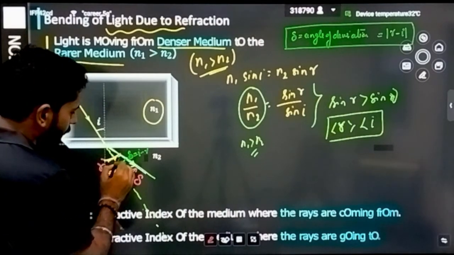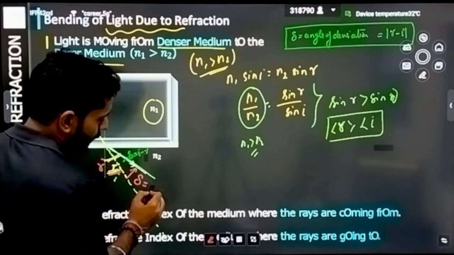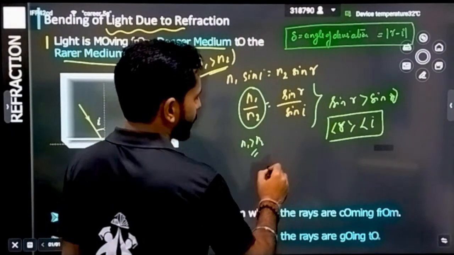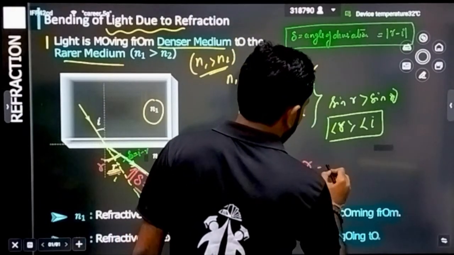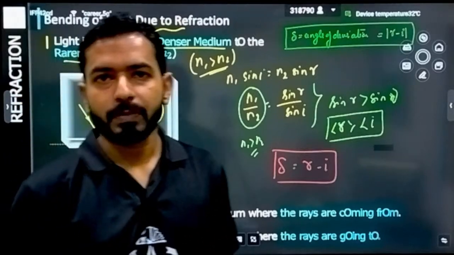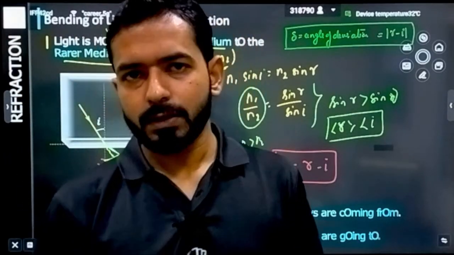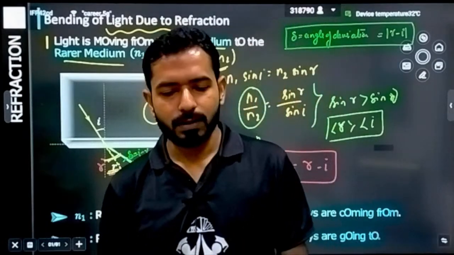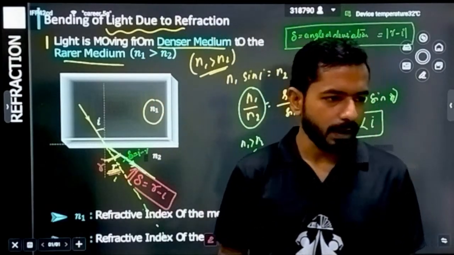This complete angle is r. This much angle is I. That means deviation, I will write what? R minus I. Always remember for this case deviation will be r minus I. In simple words, remember greater minus smaller. Who is greater? Angle of refraction is greater. Just subtract angle of refraction minus angle of incidence. That's it. That will be your answer. Correct?